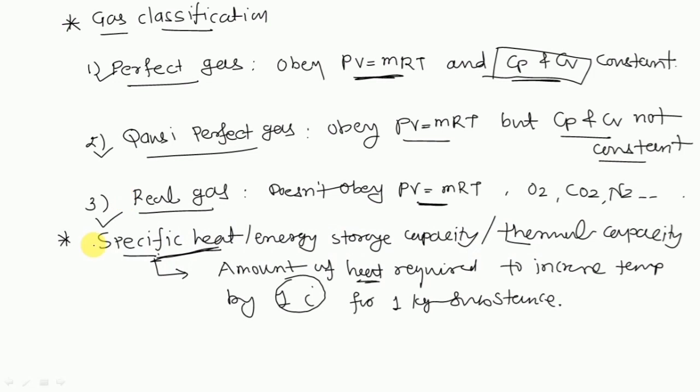Now specific heat has two types. One is specific heat at constant volume, and the second is specific heat at constant pressure. First, Cv, specific heat at constant volume.